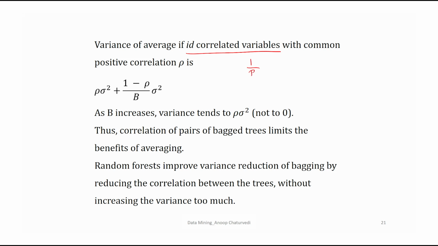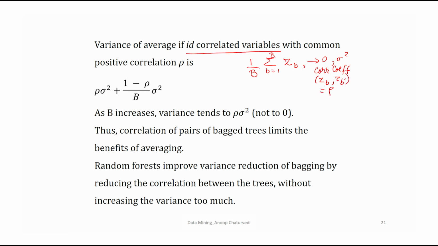You have 1 upon B summation b equal to 1 to capital B of Z_b, and the Z_b's say have mean 0, variance sigma square, and the correlation coefficient between any two Z_b, Z_b' is equal to rho.